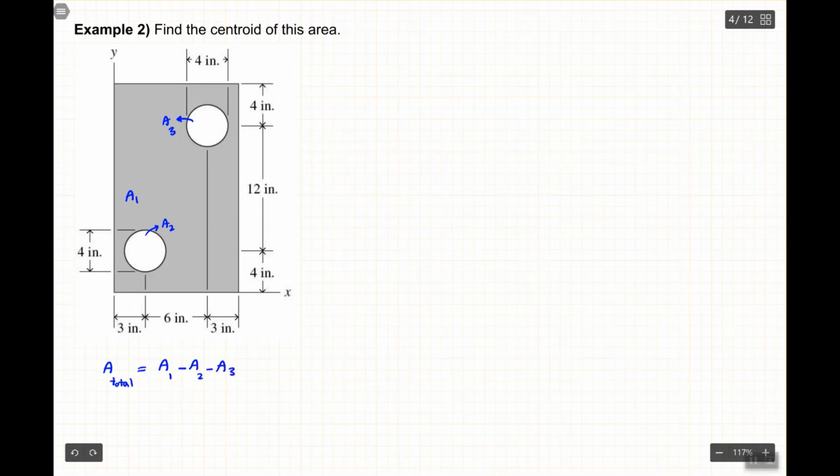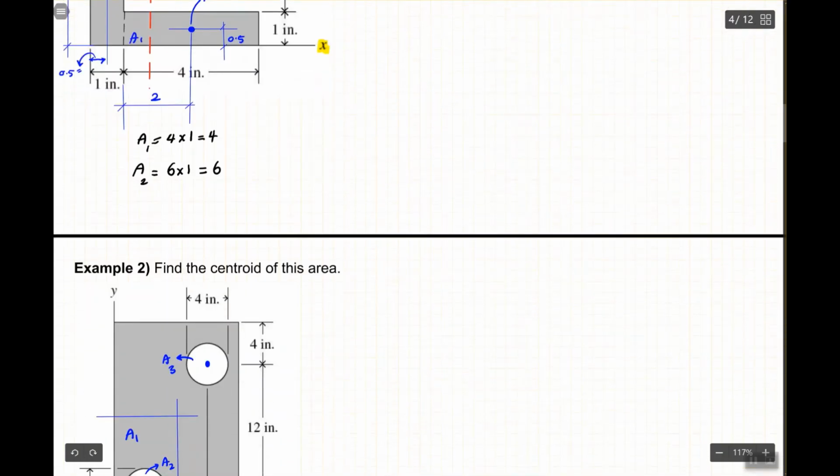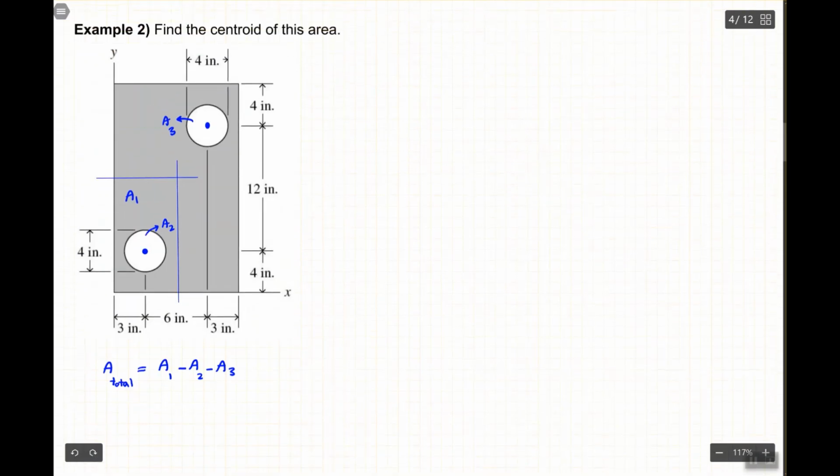For each of these areas we have the centroid, right? For example, this circle alone, we know where the center is, and similarly we know that for this big rectangle, the center must be a point somewhere. Sorry, let's move back. The center is somewhere around here, and we have the coordinate for that point.